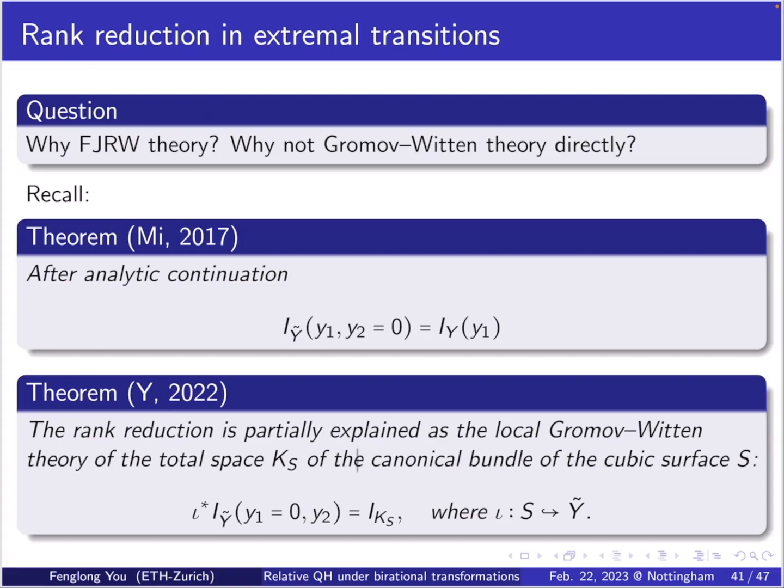This S gets contracted, and so the Gromov-Witten theory of S on the total space of the normal bundle of S should be responsible for the rank reduction, because this is the part that gets contracted.